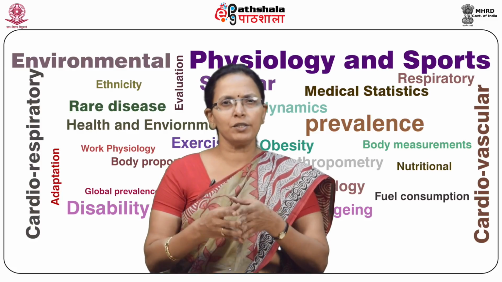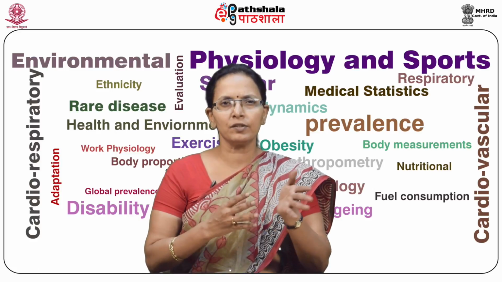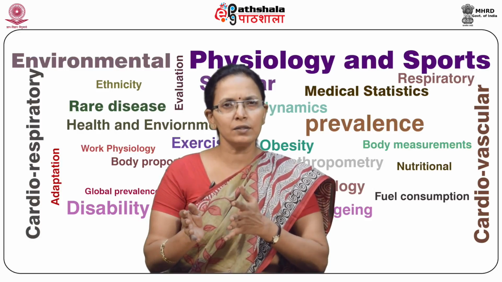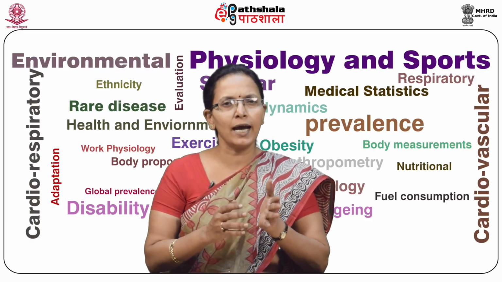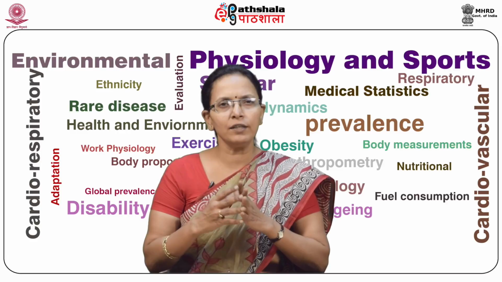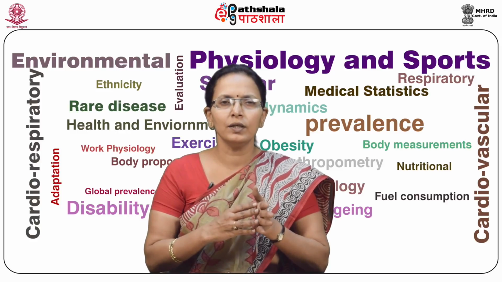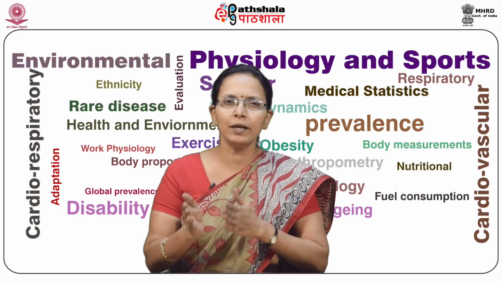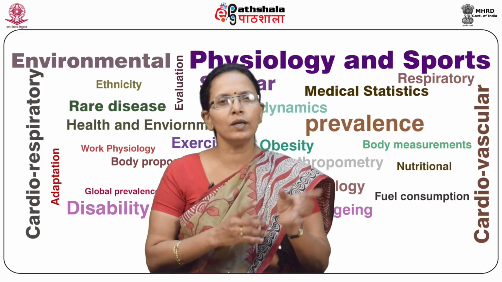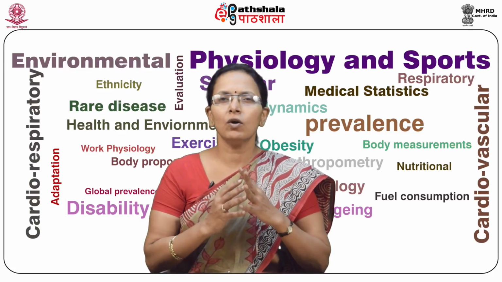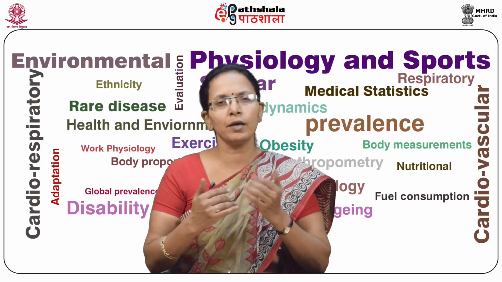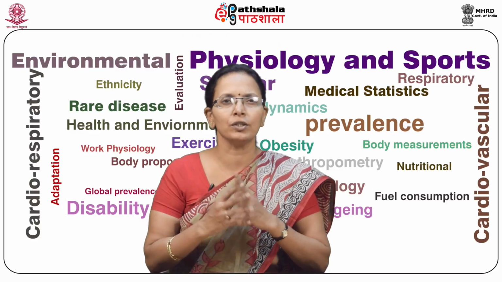The indirect estimation of cardiorespiratory fitness includes the graded exercise test, that is, the individual exercises at gradually increasing workloads. Now, estimating the fitness level of an individual is based on a similar principle as in the direct assessment of fitness, with only one exception: the oxygen consumption is not measured directly, but is computed by using an equation.